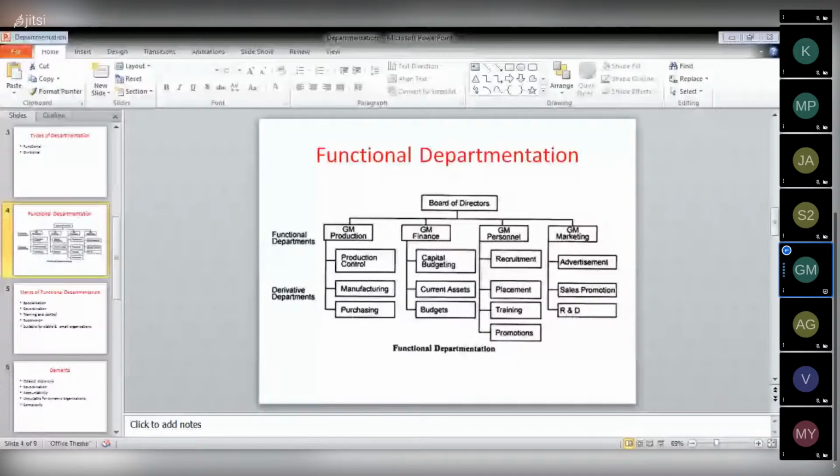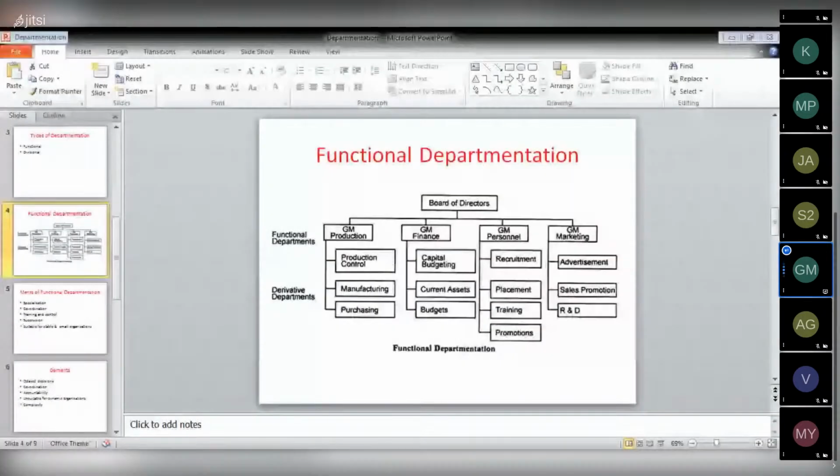Are you able to observe product A, product B, product C? Product A is one division, product B is one division, product C is one division. Within each division, again, you have departments like production, finance, accounting, R&D, and marketing.